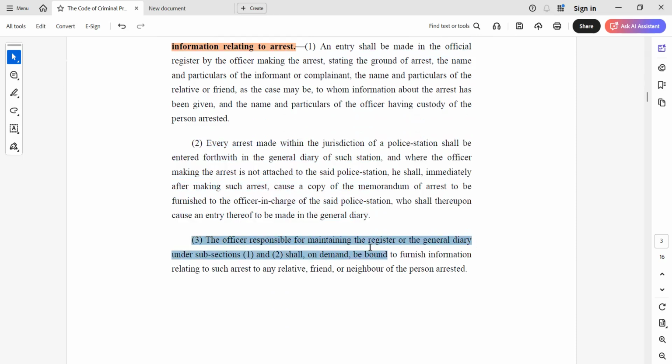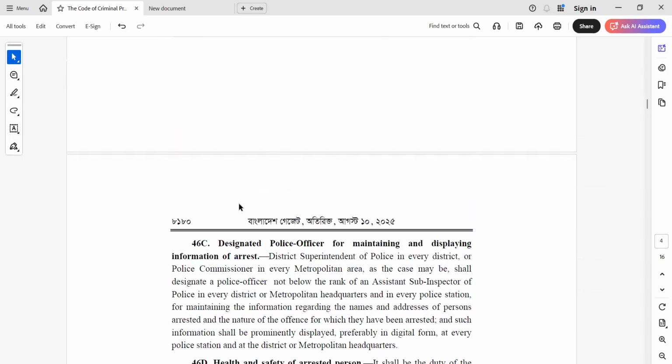Subsection 3: the officer responsible for maintaining the register or the general diary under subsections 1 and 2 shall on demand be bound to furnish information relating to such arrest to any relative, friend, or neighbor of the person arrested.